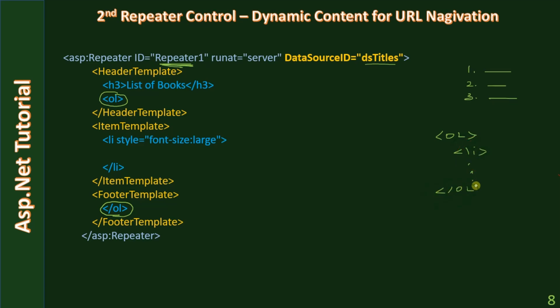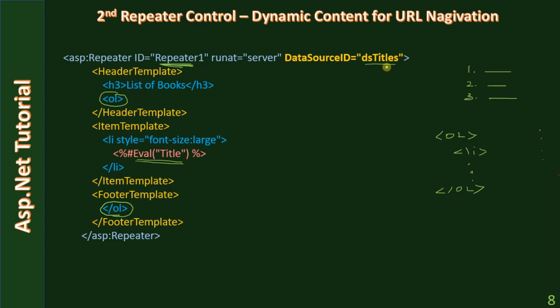The same goes for UL as well. UL is unordered list. Usually it will display the bulleted points. So we formed the OL tag in the header and we finished it in the footer, and in the item template we are forming the list item, and by making use of Eval we are just printing the title.